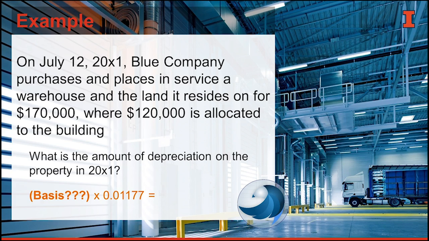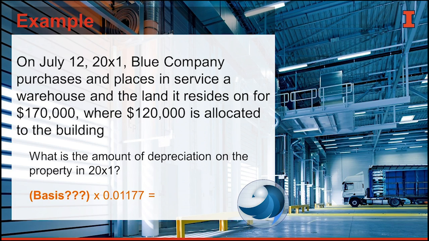So now that we have this 1.177% rate, what do we multiply it by? Do we multiply it by the $170,000 value, which includes both the warehouse and the land? Or do we multiply it by just the value of the warehouse? That is the $120,000. Well, we're only allowed to depreciate buildings, not the land.